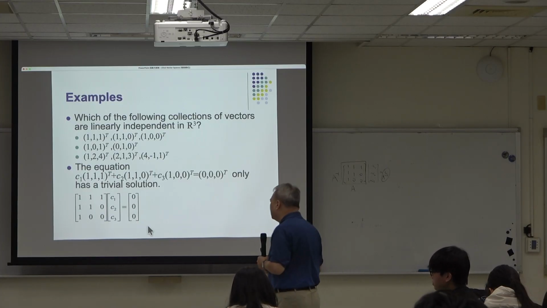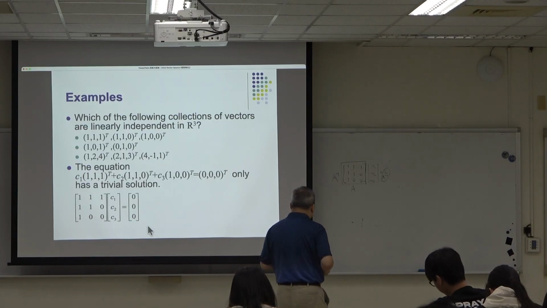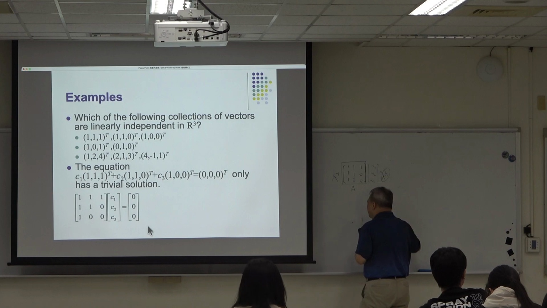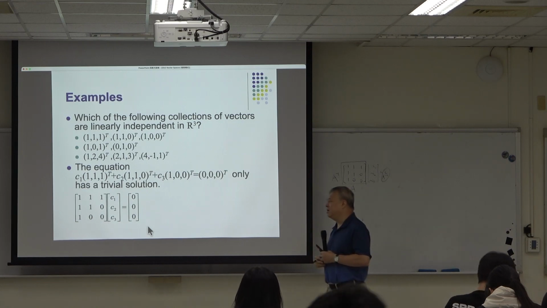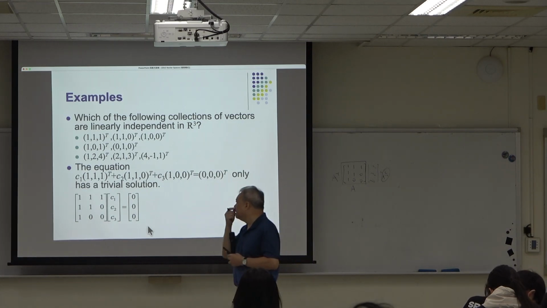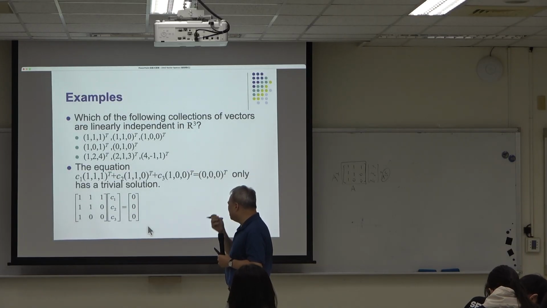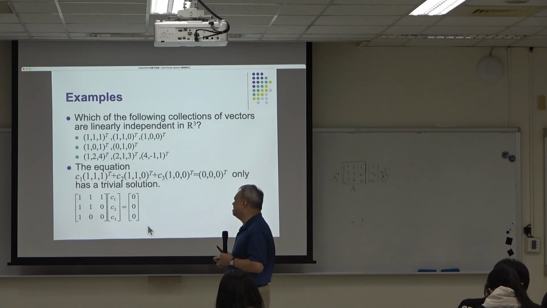The second one, if you write it into a matrix, you will find that it's a 3 by 2, so it's not square.